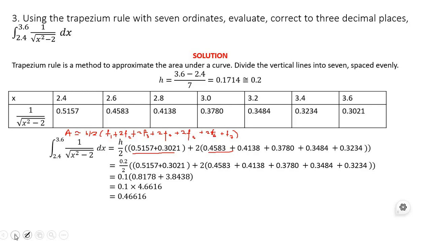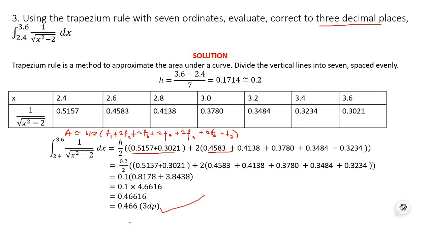Divide 0.2 by 2, you have 0.1, then multiply out and you have 0.4661. Remember, your answer should be in 3 decimal places. So we now have our final result in 3 decimal places.